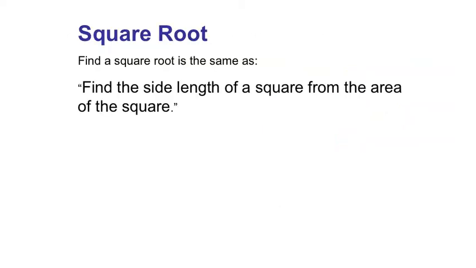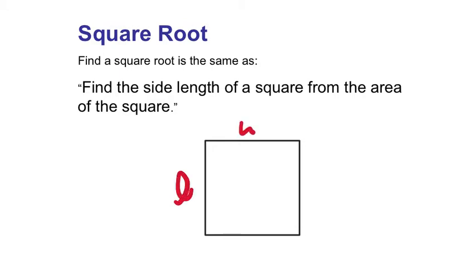Square root. We do use the word square. It's kind of like a power of 2, if you will. If you have a square here, let's pretend I've drawn a perfect square. Usually if this was a rectangle, you'd say length times width.